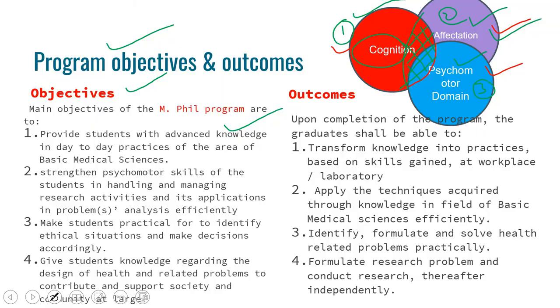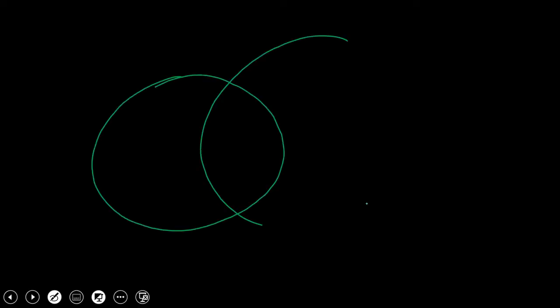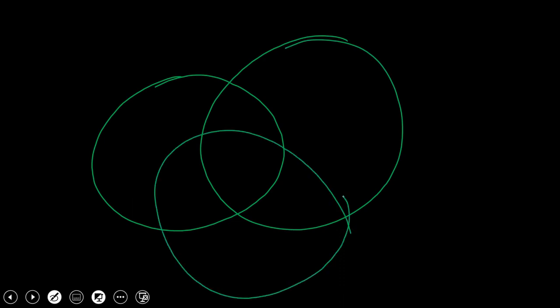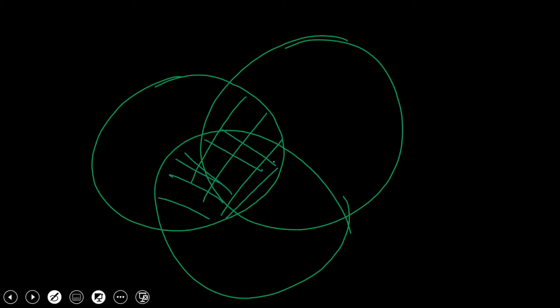Therefore, what is important in certain curriculums is that the more these domains overlap, the more integrated that particular curriculum is.